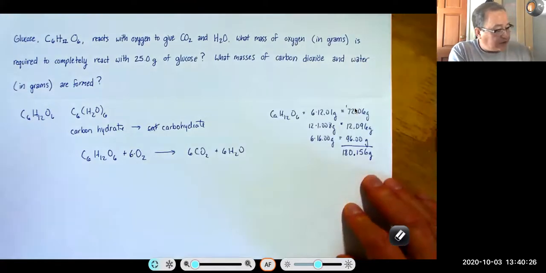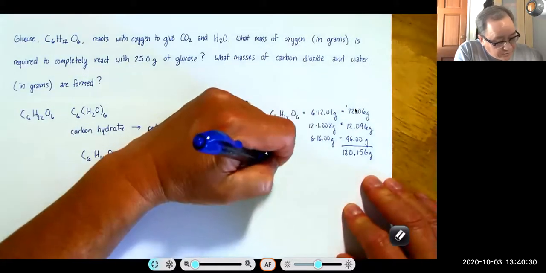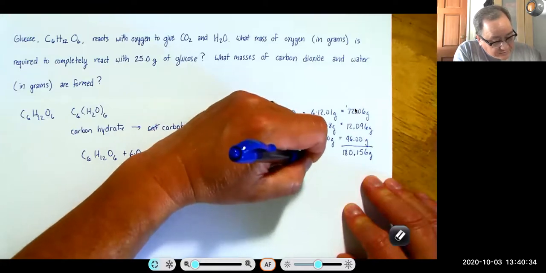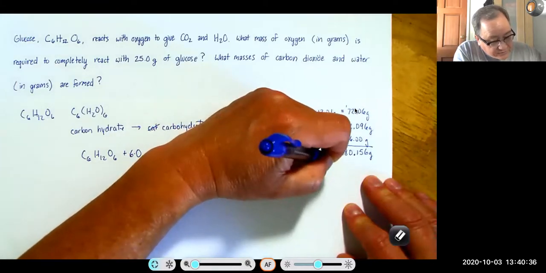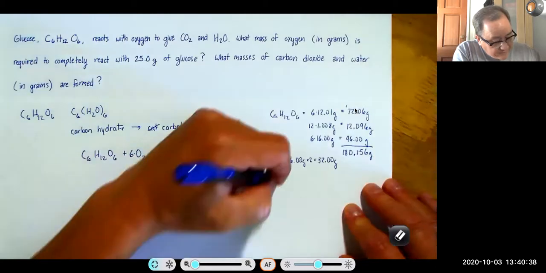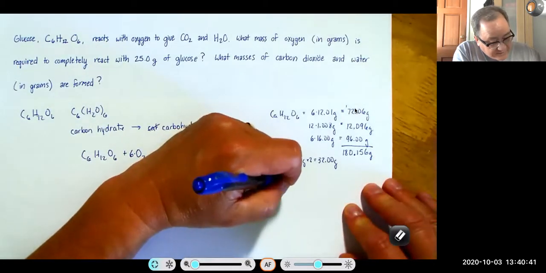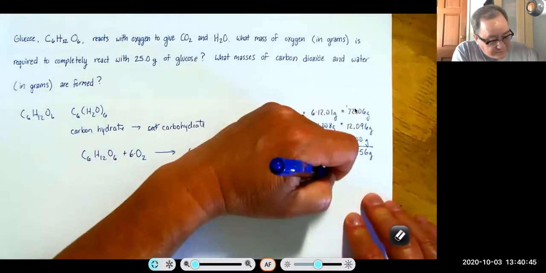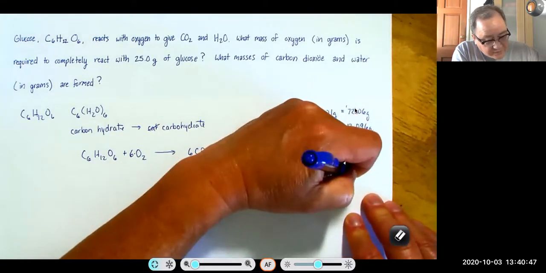Now, CO2 and H2O and O2 are a lot easier. O2, we get 16.00 grams times 2, which is 32.00 grams. H2O is 18.02 grams, and CO2 is 44.01 grams.